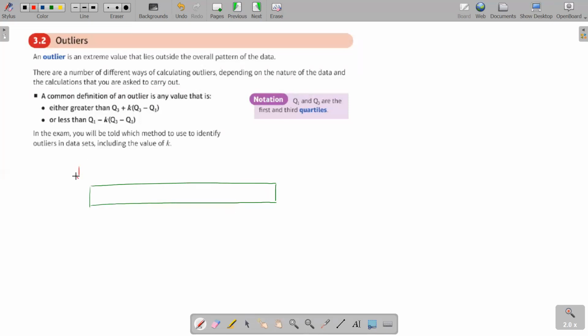The lower boundary is Q1 minus K times (Q3 minus Q1), which is the interquartile range, and the other boundary is Q3 plus K times (Q3 minus Q1).